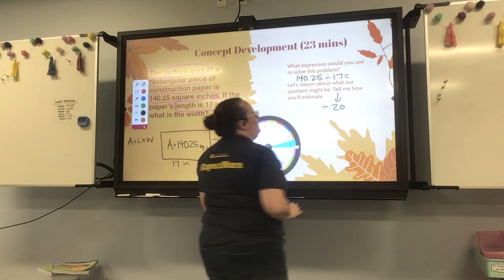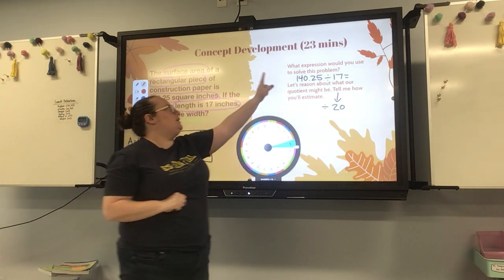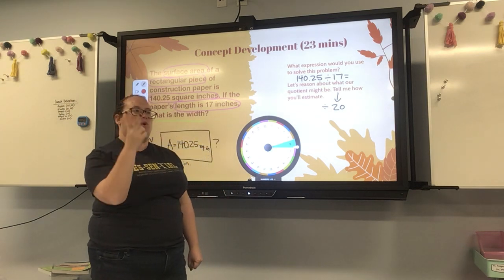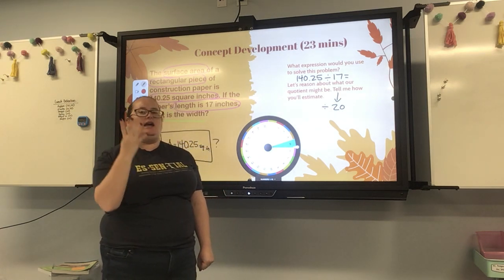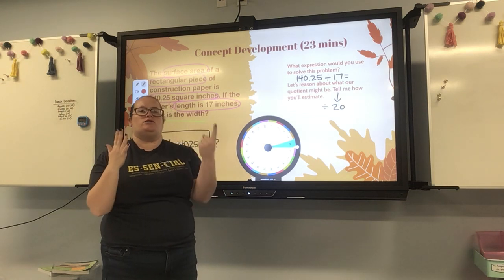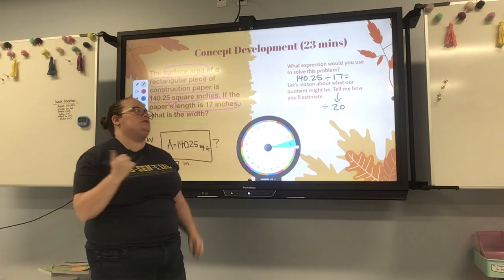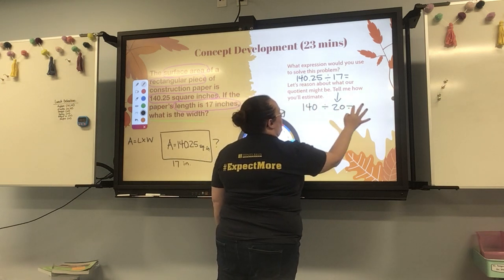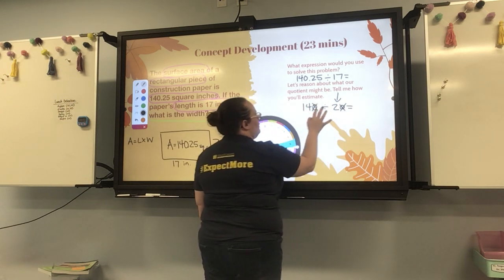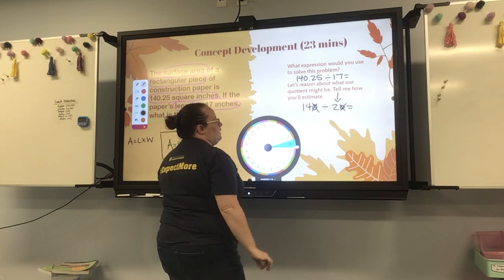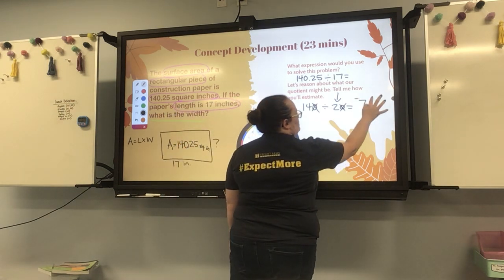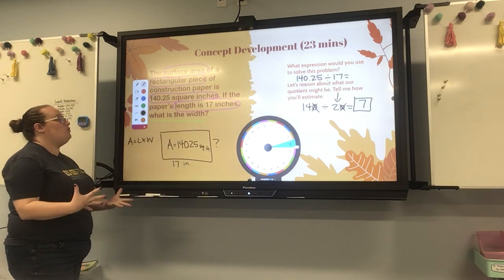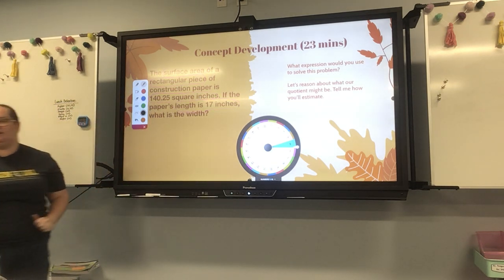And number 5, if I count 5 multiples of 20, what would be closest to 140.25? 20, 40, 60, 80, 100, 120, 140, 160. The closest would be 140. If I divide by 10, that takes away a 0. And 14 divided by 2 would be what, number 5? 7. So my answer should be close to 7. My quotient should be close to 7.